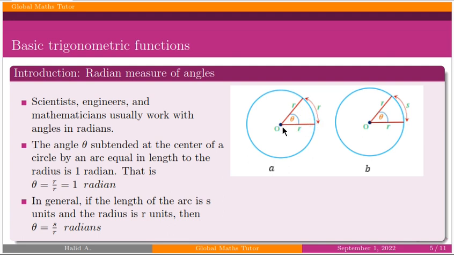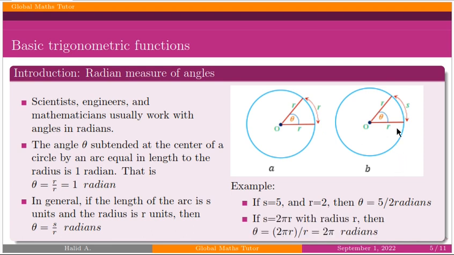In our case, if the radius of a circle is r, and the arc length is r, the same as the radius, then this theta is 1 rad. Generally, if the arc length is s, then we can find theta as s over r radians. For example, if s is 5, and the circle has a radius of 2, then theta will be 5 over 2 radians.